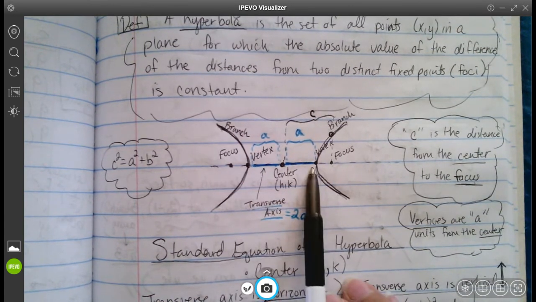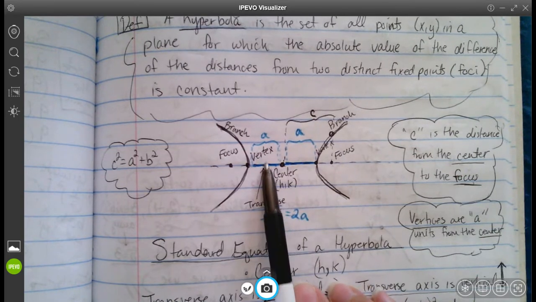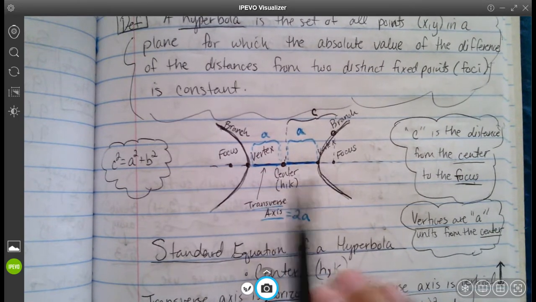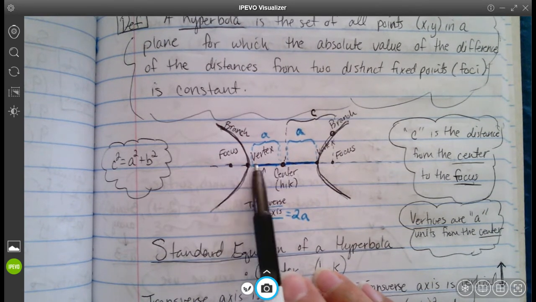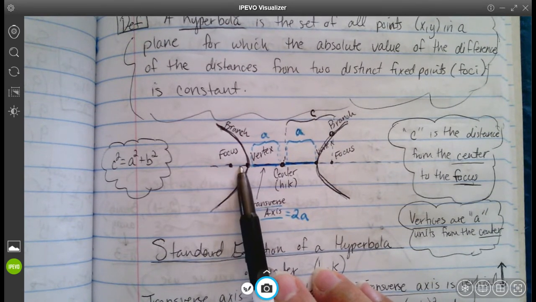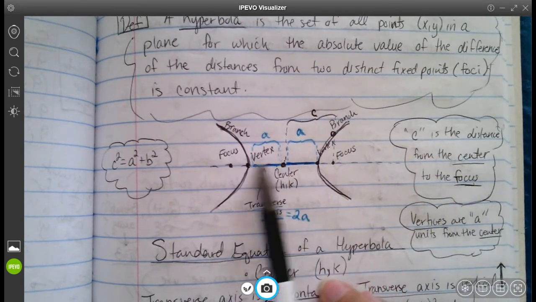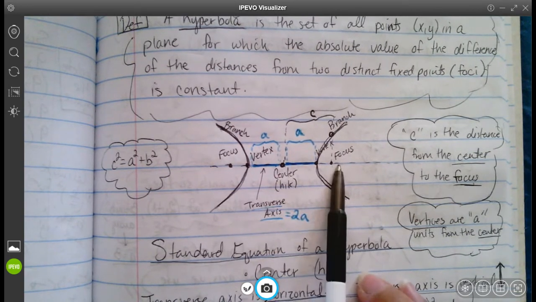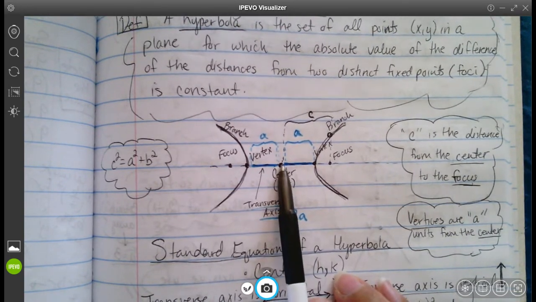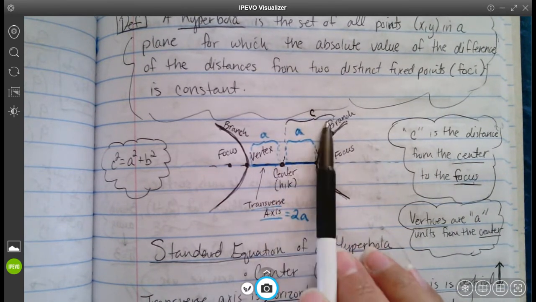We do have two vertex points, one for each side, and of course this is a, which gives us our 2a. Okay, the focus point for this is going to be kind of on the inside of the hyperbola, so out, or outside, however you want to think about it. And then we do have our distance c, just like we did before. But this time the c is actually going to be bigger than our a because it's from the center to the focus point. So it looks like what I have labeled here.